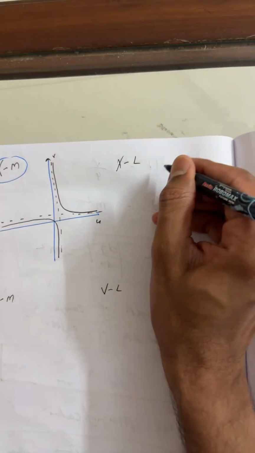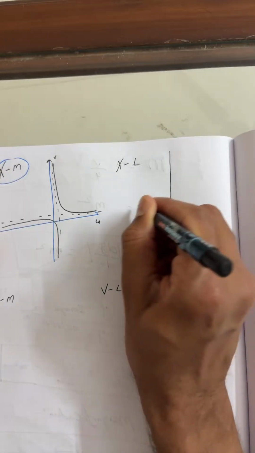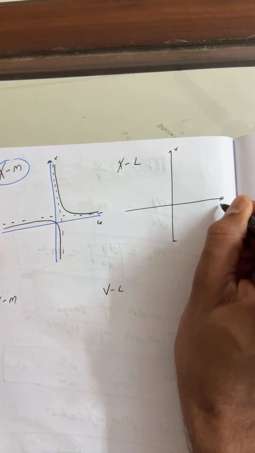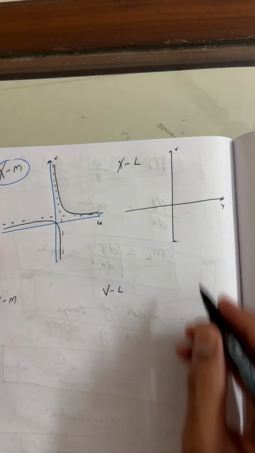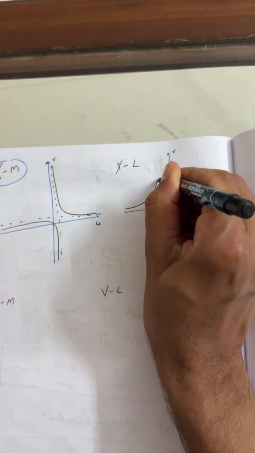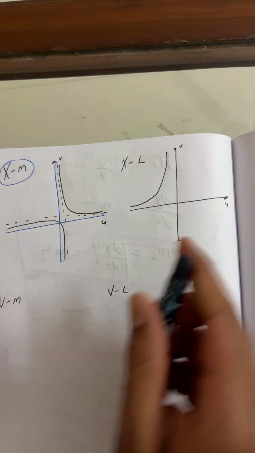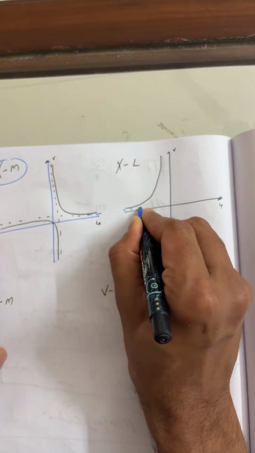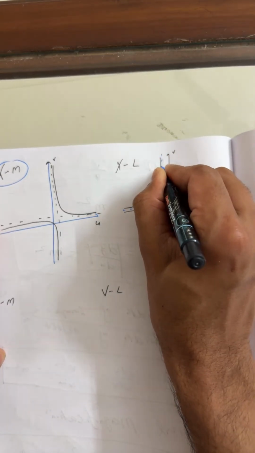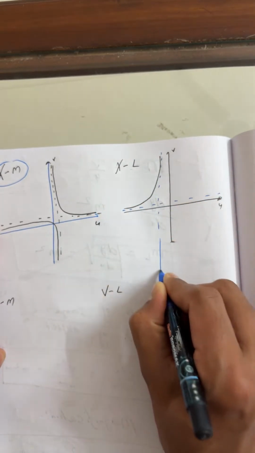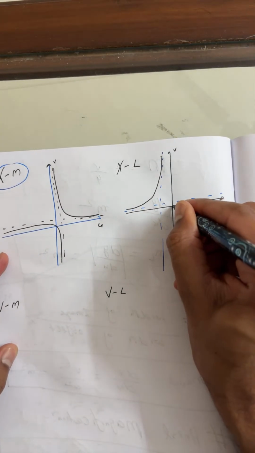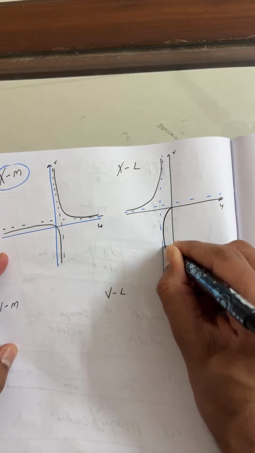Second one, you can take XL. So this is V and this is U. Now for this condition, you can draw the graph in the second quadrant, and just take the mirror image here. You can draw it like this.